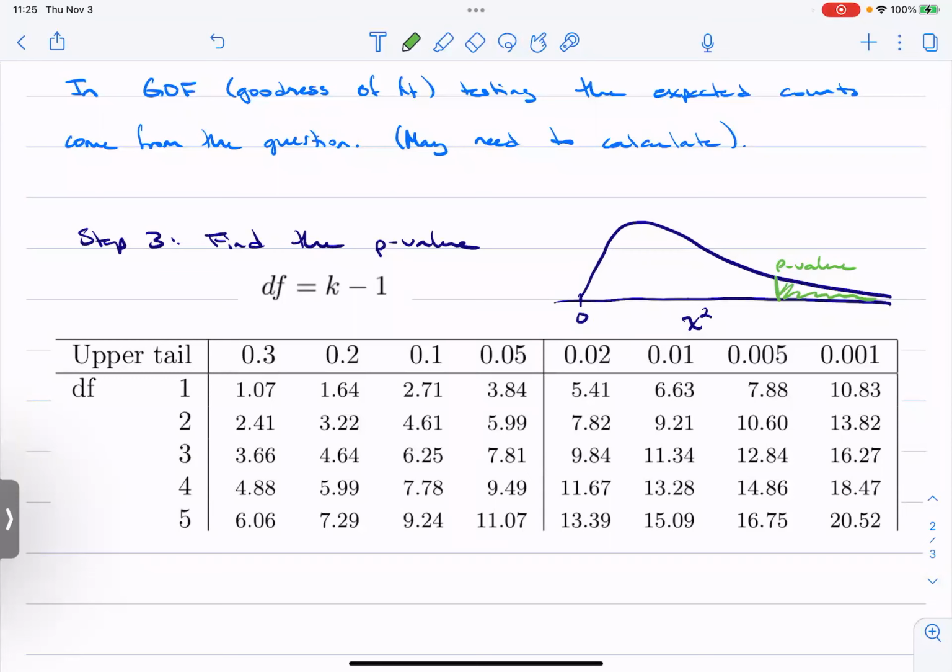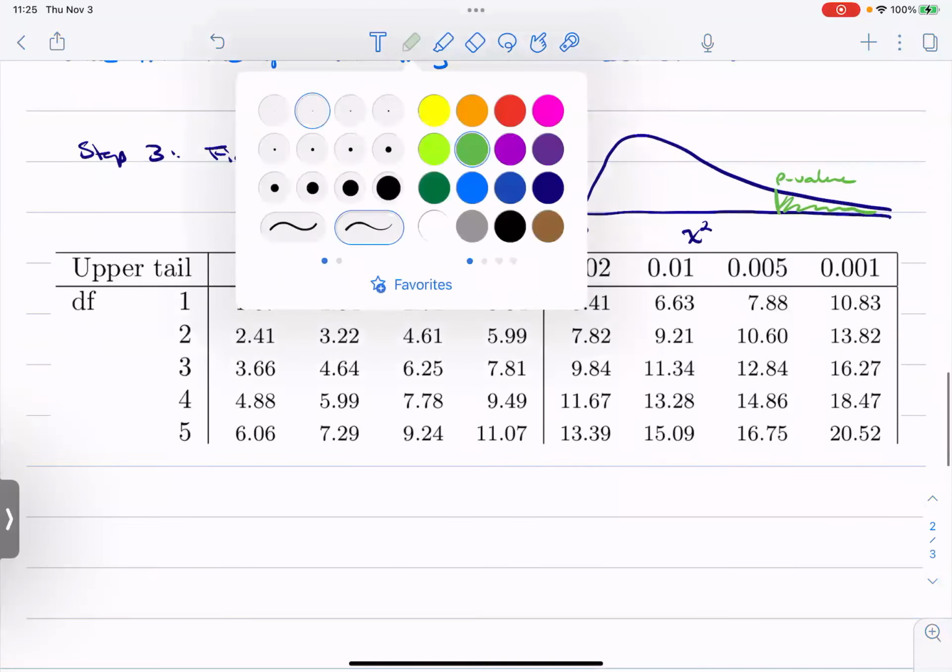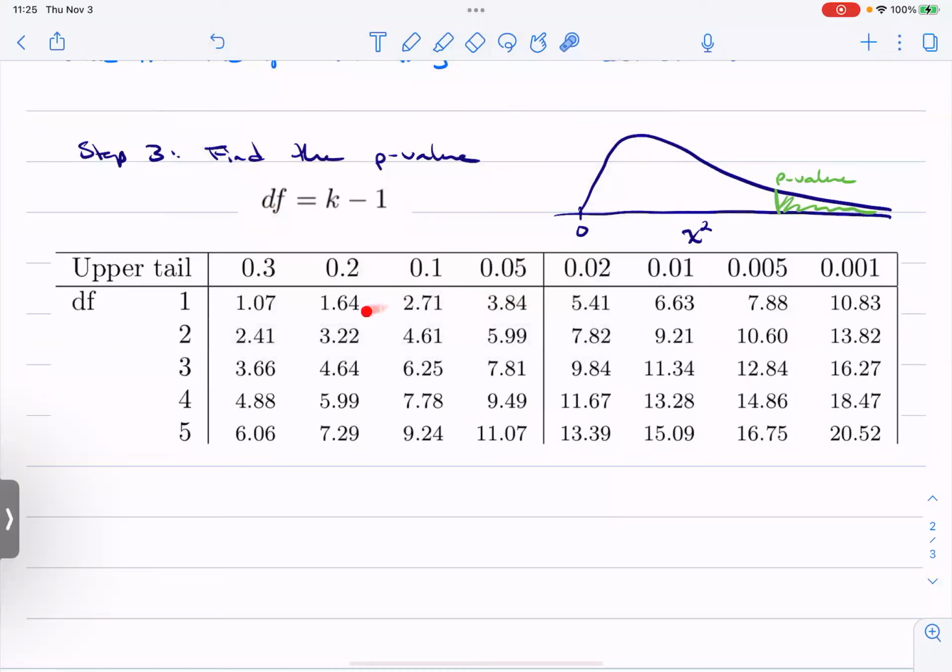Okay, so what we have in the table here, these are all chi-squared values. And if you kind of read one of these lines, let's say that you have 3 degrees of freedom, just as an example. What it's doing is it's moving out, starting at 3.66.